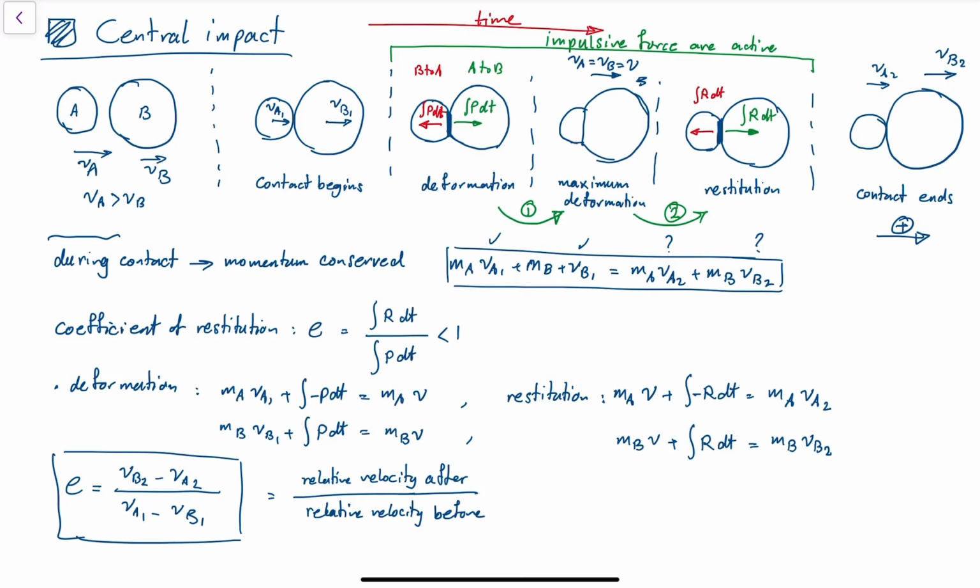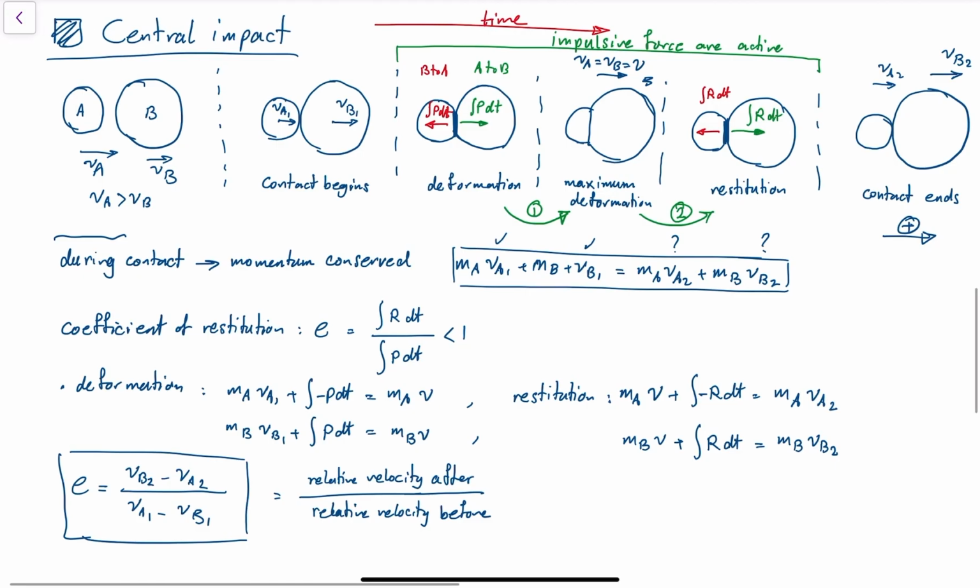You know it is 80% or 0.8. You can know the relative velocity V_B2 minus V_A2 after the impact is 80% of the relative velocity before impact, and combine it with the information about conserved linear momentum, you can calculate what happens after the impact.